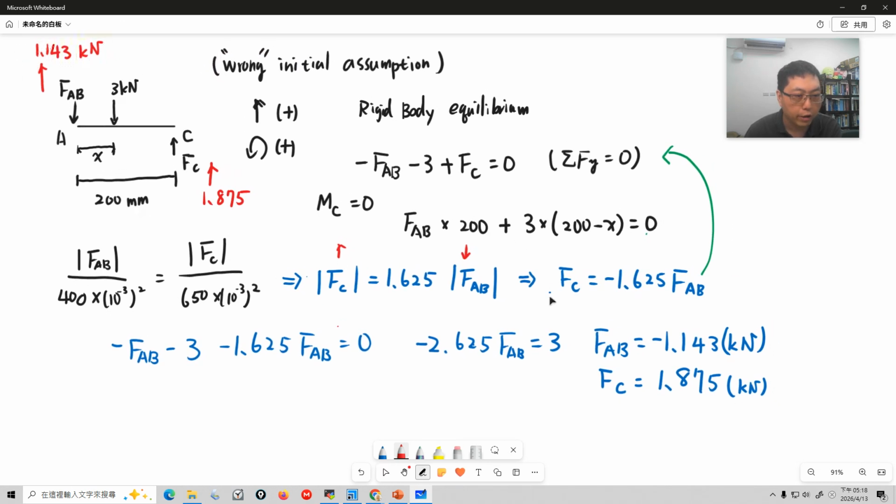Let's put this value in the moment balance equation to get the final answer. FAB here is negative, so we still use negative.